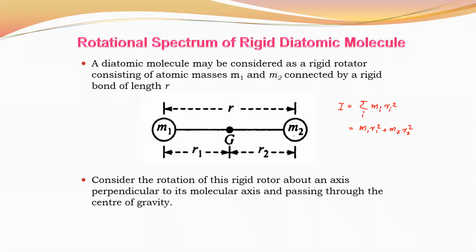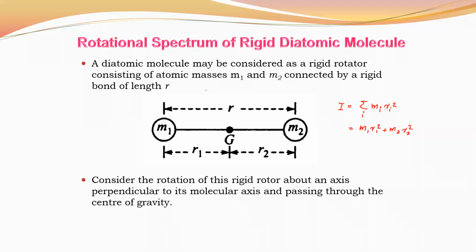If it is rotating like this, for m2 it is clockwise direction, and for m1 it is anti-clockwise direction.